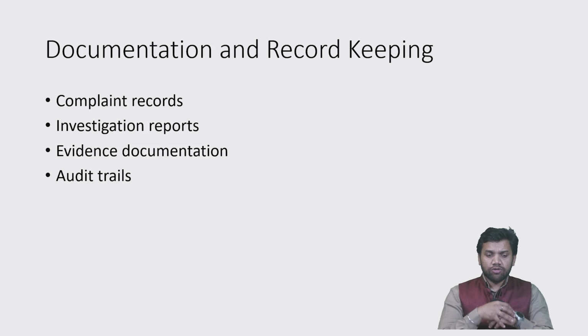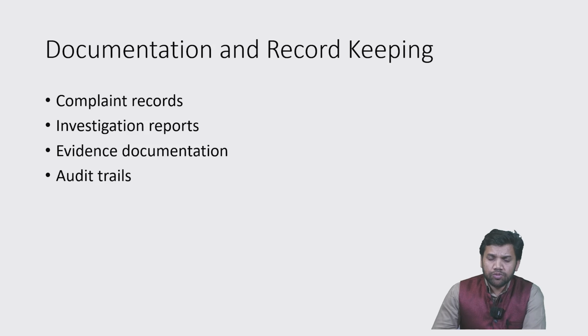Another is documentation and record keeping. This is also important, to make each and everything documented. Number one is complaint records. All whistleblower complaints must be properly recorded and documented.